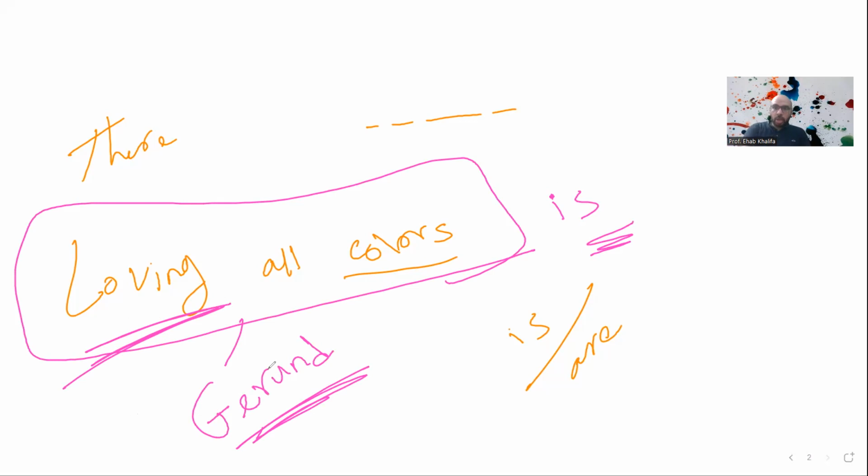Still, it is a gerund phrase. As long as it begins with a gerund, it is singular. So loving all colors is. Studying all subjects is. Take that into consideration. You know the gerund, guys, that is a verb form that ends in ing. I hope you know that. Like loving, studying, writing, eating. So if it begins with a gerund, it is singular.